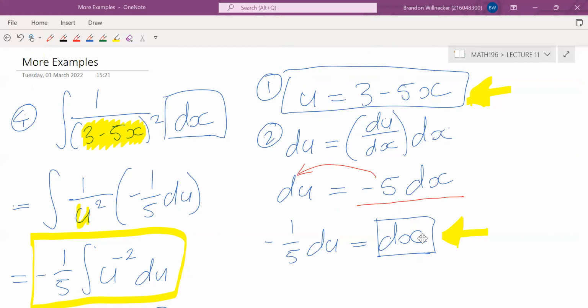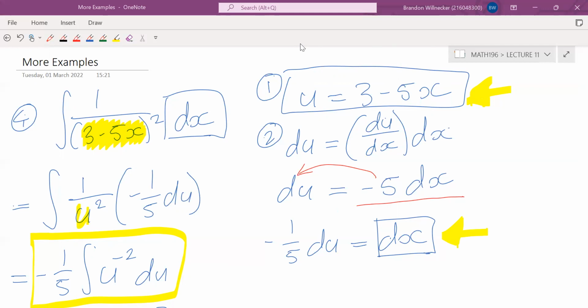But please remember with this u substitution, it requires lots and lots of practice. It's not easy spotting which parts need to become u. That comes with practice. So you have to do the tutorials, you have to do the exercises in the notes, and you have to do the exercises in those extra notes that are uploaded.